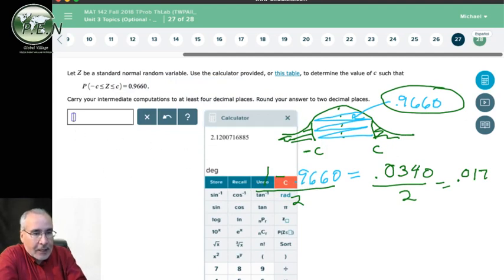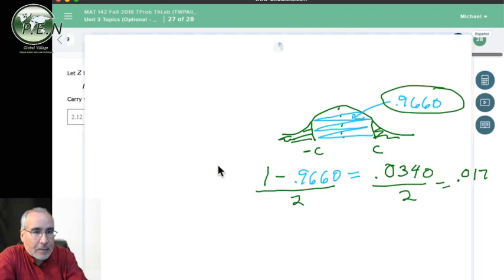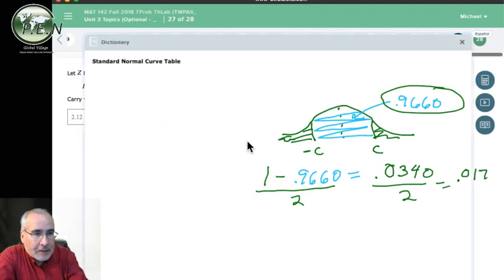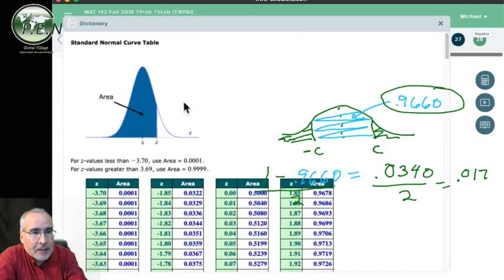I'm going to show you how that appears on the table as well. But in the table, we look it up in a different way. We're going to look up 0.017 in the table. So we come here. Here it is. Now this is going to give us the area to the left. So our z is way back here.